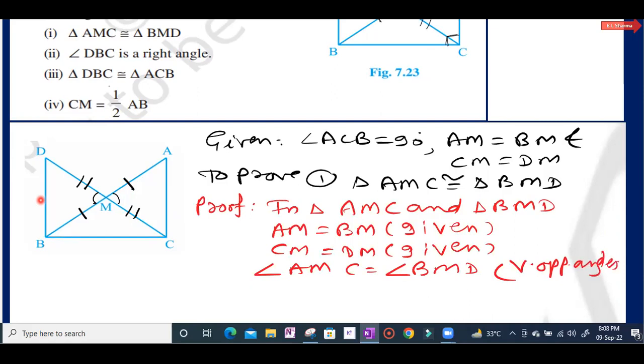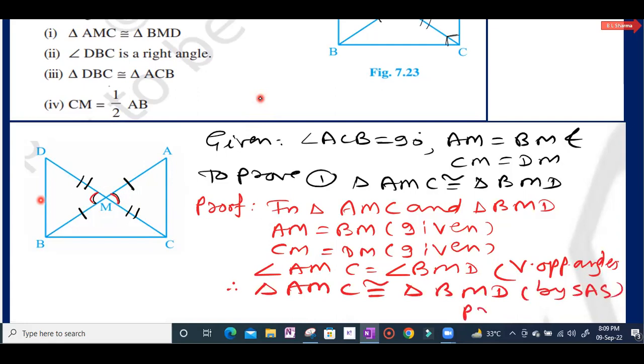This angle is equal to this one, so we get side angle side, side angle side. Therefore triangle AMC is congruent to triangle BMD by the rule SAS, and this is proved, first part.